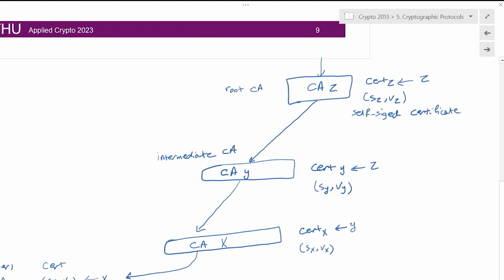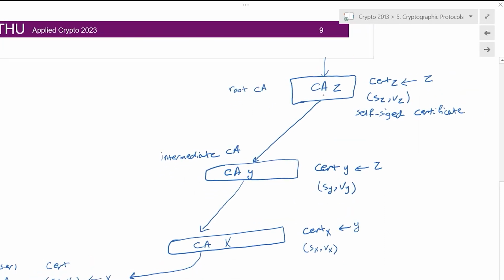So we start with the root. The root certificate is something that, when you install your operating system, let's say you install a fresh one, your operating system comes with some root certificates that you trust by default. So these default certificates, of course, are the root, so nobody else is on top of them to sign their information.